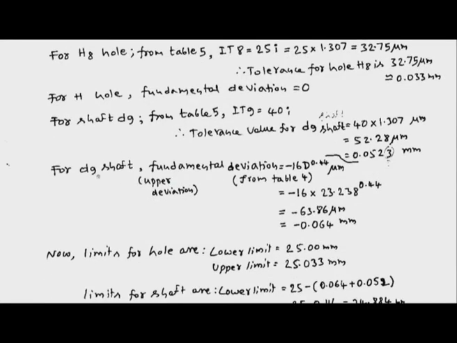For D9 shaft, the fundamental deviation, that is upper deviation from table 4, is equal to minus 16 times d power 0.44 micrometers. So we have to feed the value of d, that is 23.238, then we get the fundamental deviation of minus 63.86 micrometer or minus 0.064 millimeter.